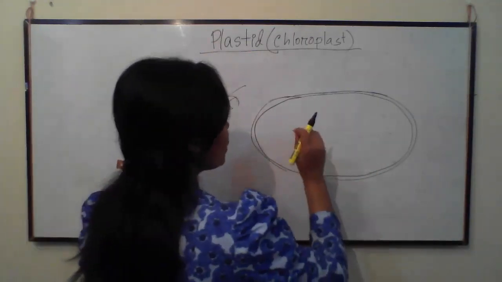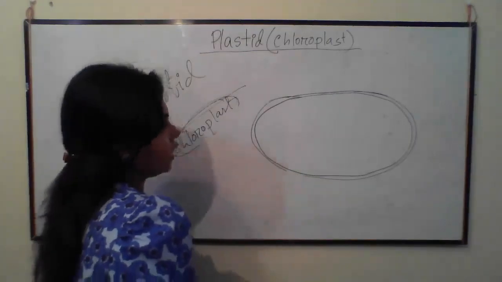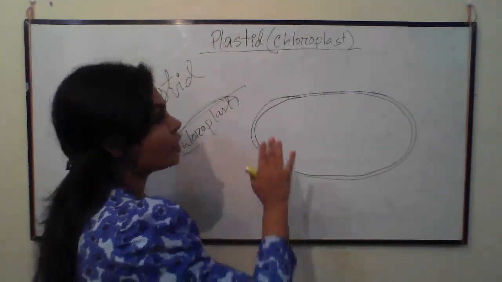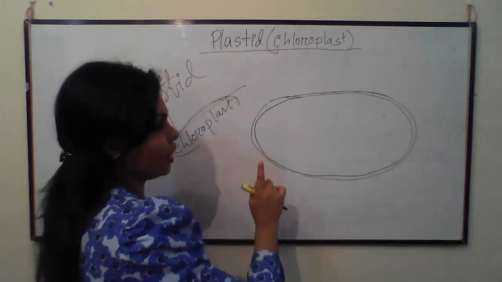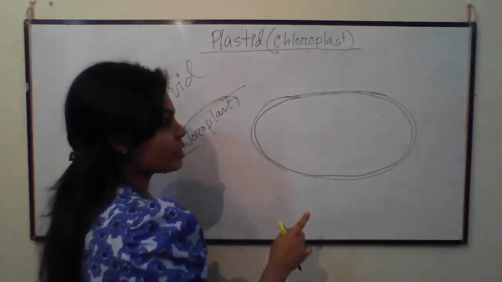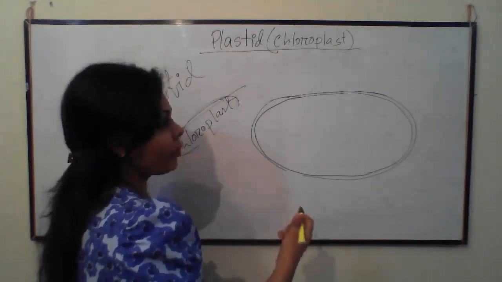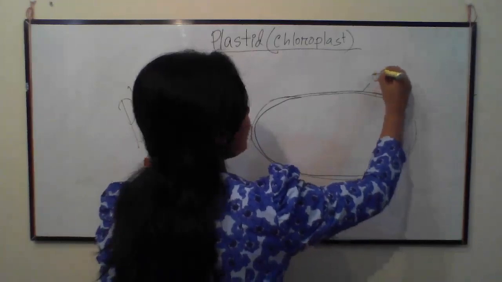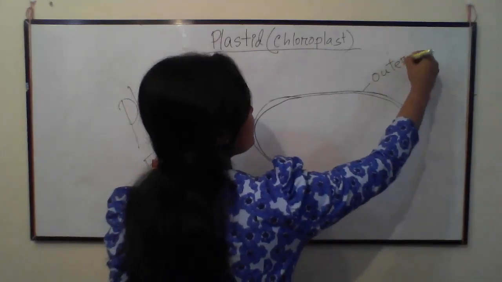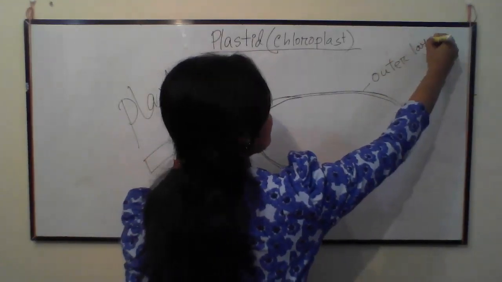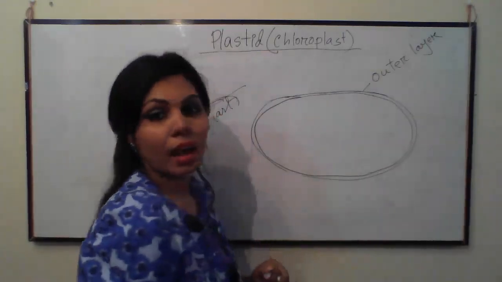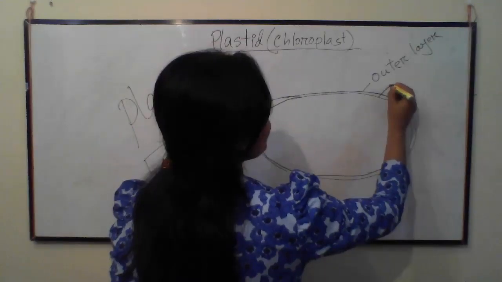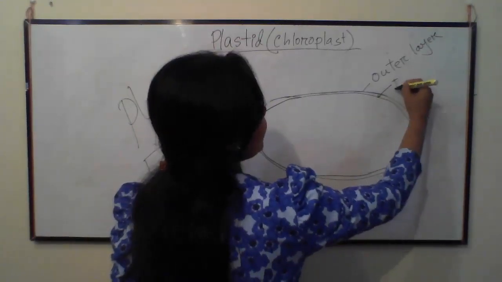What are these? The first thing of the chloroplast is the membrane. Each chloroplast is surrounded by a double layer membrane. This is the outer layer, and then inside, this is the inner layer.